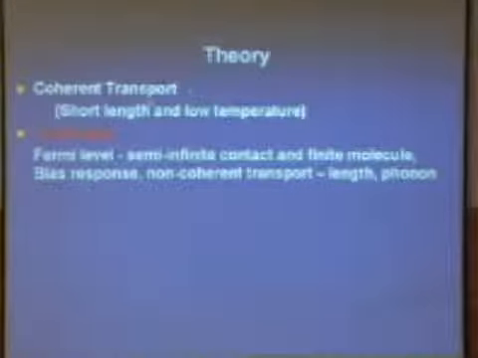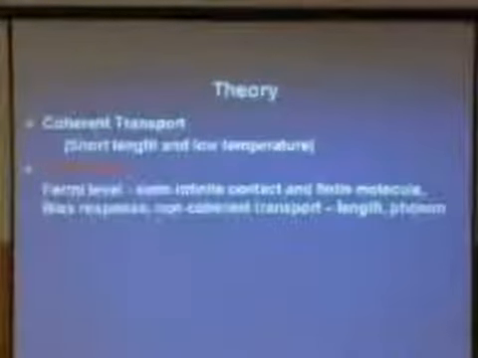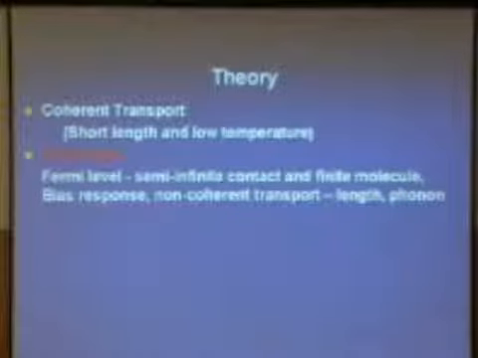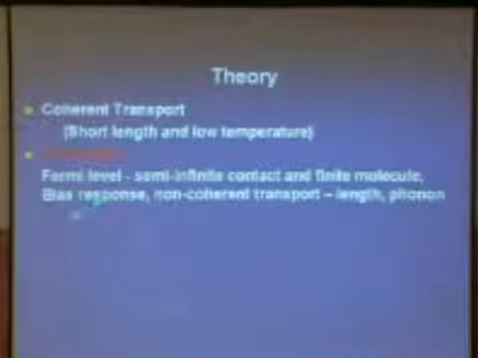Then we have some limitations. What we assume further is that we are dealing with coherent transport. If transport of electrons is coherent, only then can we apply this Landauer-Buttiker approach for our calculations. What are the challenges? How to define the Fermi level? Like I said earlier, we are dealing with a semi-infinite contact with a finite molecule.